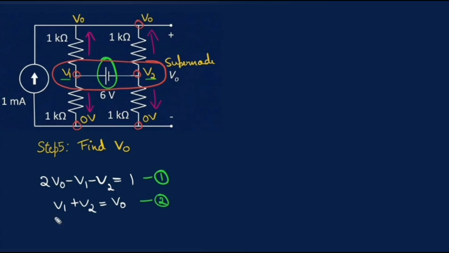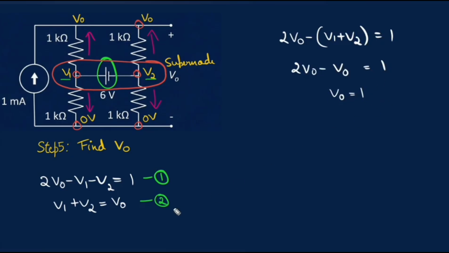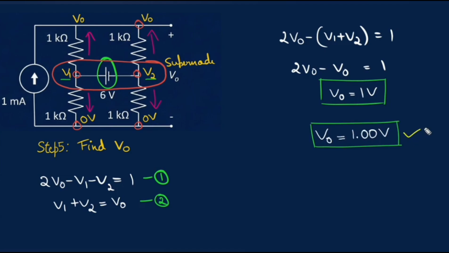So substituting V1 plus V2 equals V0 into equation 1, we get 2V0 minus (V1 plus V2) equals 1, which is 2V0 minus V0 equals 1, or in other words, V0 equals 1 volt. The question asks for the answer to 2 decimal places. Therefore, V0 equals 1.00 volt. This is the final answer to this question.